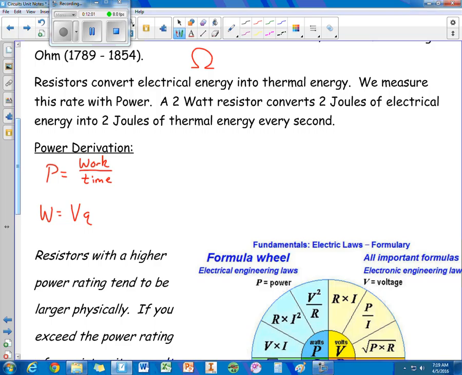So if I were moving from one equal potential line to another, I would have a delta V, potential difference. So work is equal to that potential difference times the charge. So that means that power, which is work over time, would equal my delta V times Q over T. Well, here we see we have a Q over T, which is the definition for current. So that means that power is equal to my potential difference multiplied by my current.